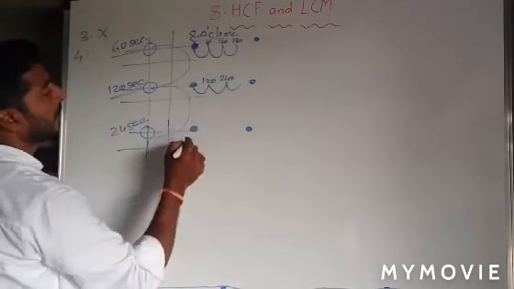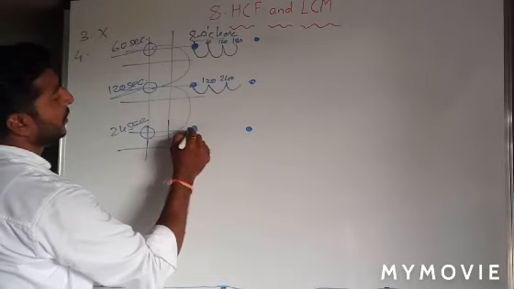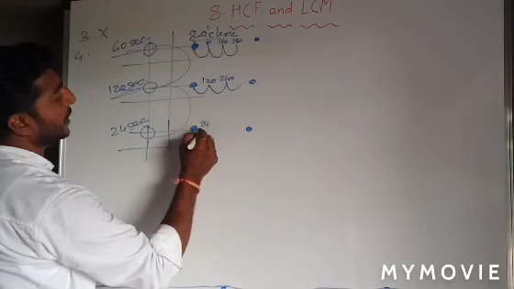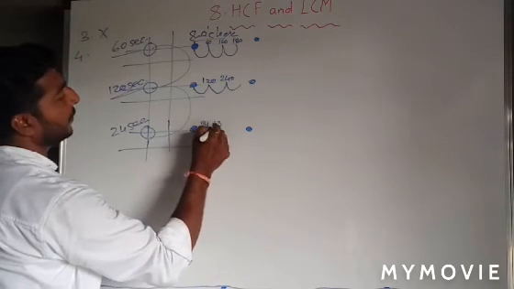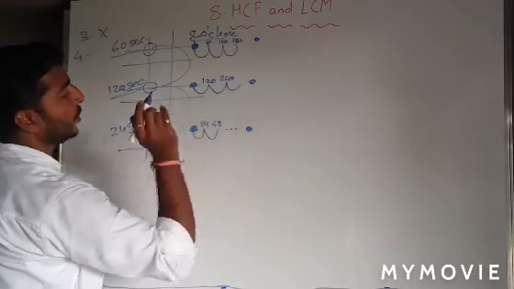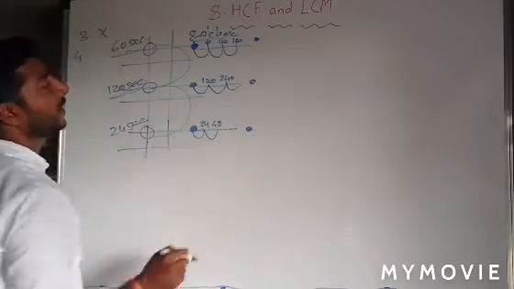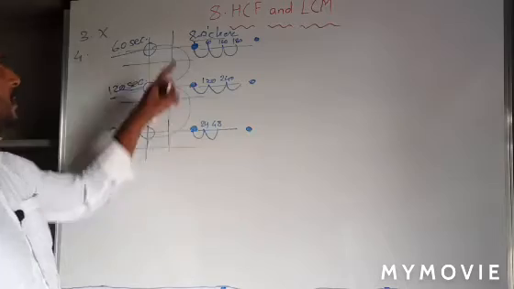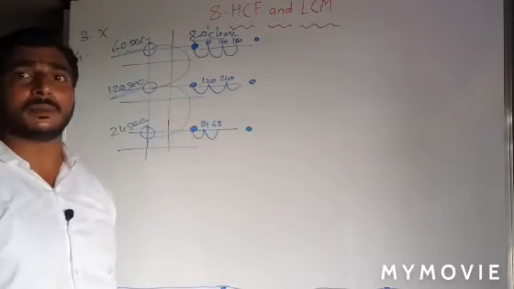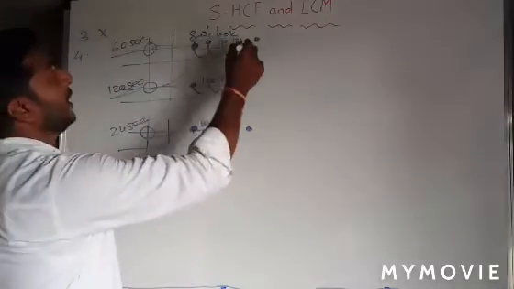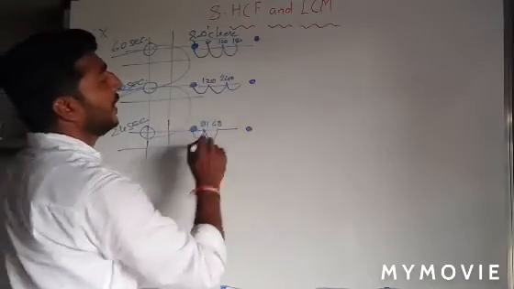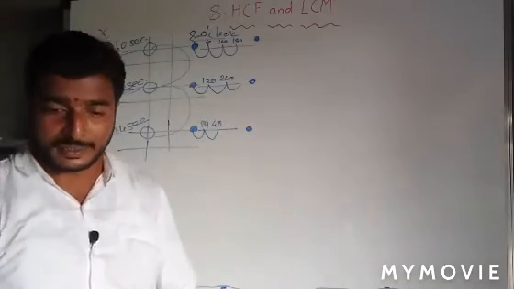Then for the other one, after 8 o'clock, after 24 seconds it will be green, after that at 48 seconds it will be green, and so on. So you will see 60, 120, 180. That means we have to find the multiples of these numbers, and the least common multiple will be the time when all 3 signals will turn green.